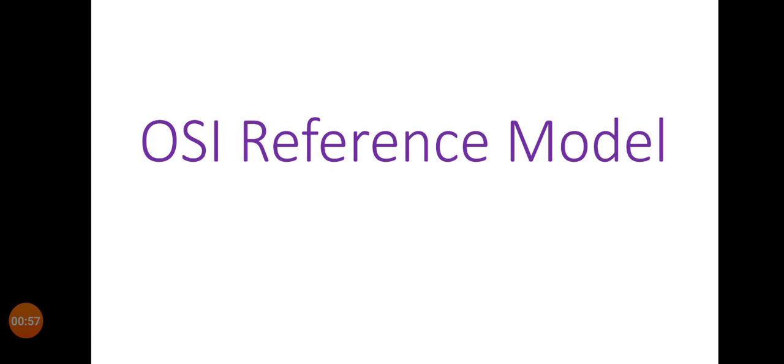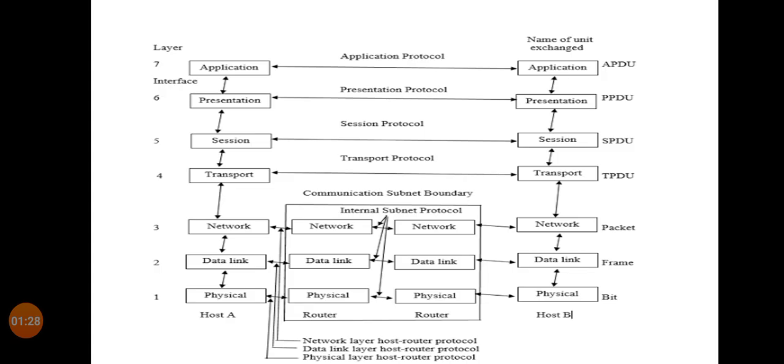Because of this, it is also called the ISO OSI reference model, and it acts as a model for computer communication architecture and as a framework for developing protocol standards.